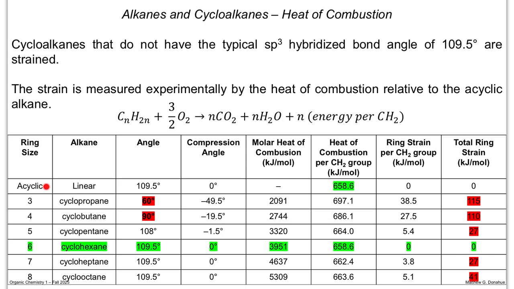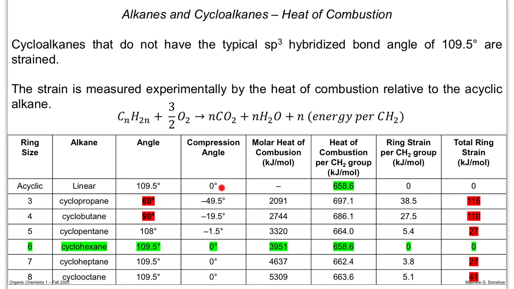So let's look at this table here where we're starting with an acyclic hydrocarbon. And we'll use the most general case of a linear one. We know that for an sp3 hybridized carbon, an HCH bond angle is 109.5. It's the normal bond angle. So I'll explain a little bit more about what compression means.